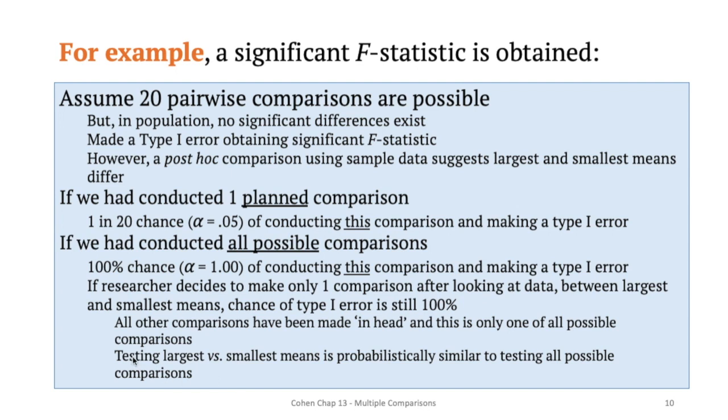It's kind of like a shortcut where you take a side route instead of doing all possible comparisons, but ultimately the destination is going to be the same. You made a test based on already seeing the data, and a p-value is not designed to give you good information in a situation like that.